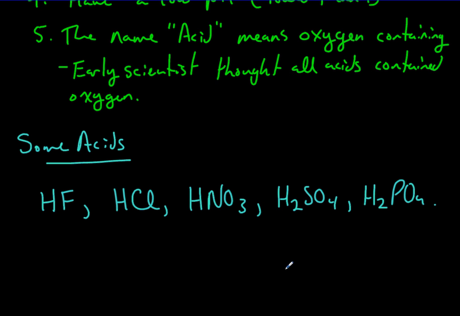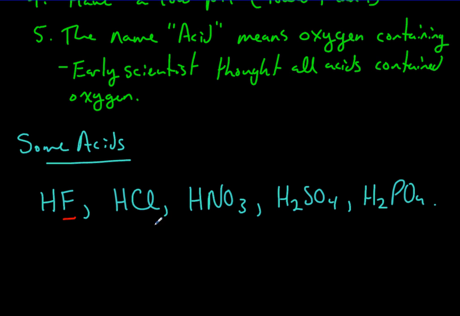Okay? So what do you see in common for things that are acids? Hydrogen. Good. What type of compounds would you classify these as if you were just to look at them? What do they contain? Something from the left side of the periodic table and something from the right side of the periodic table. Okay? So they all have an anion, right?